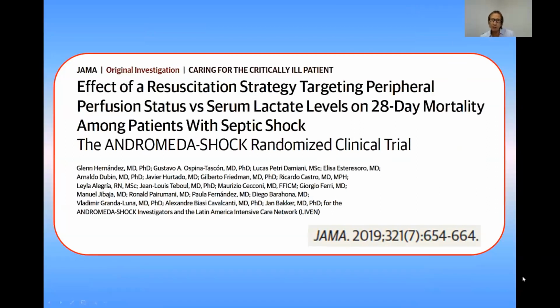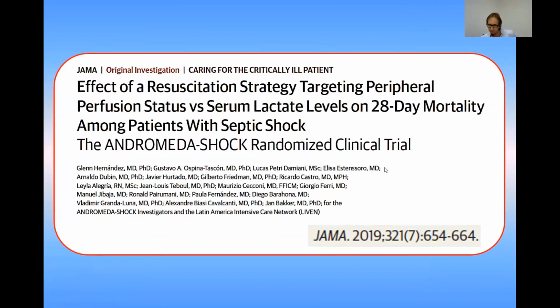One strategy was based on peripheral perfusion status, mainly capillary refill time, CRT, and one strategy was based on the decrease in serum lactate in the first hours of management of septic shock.